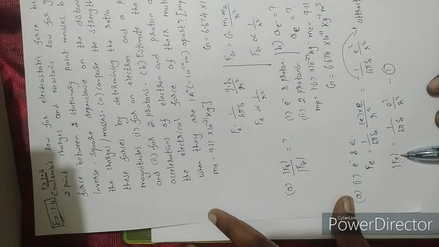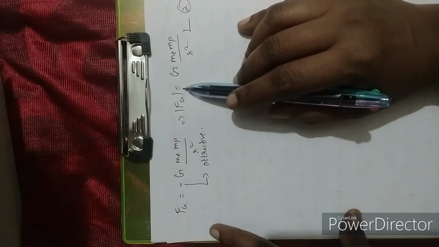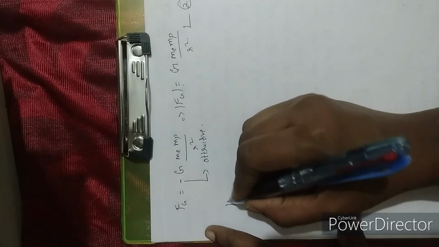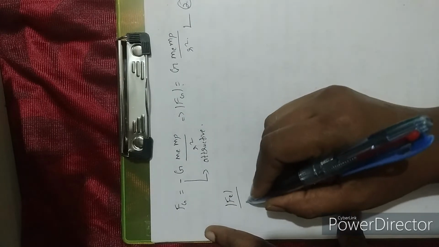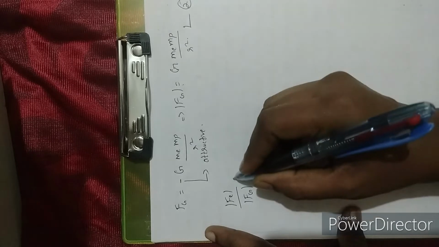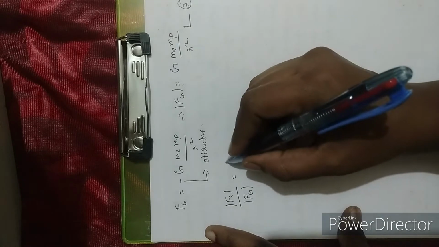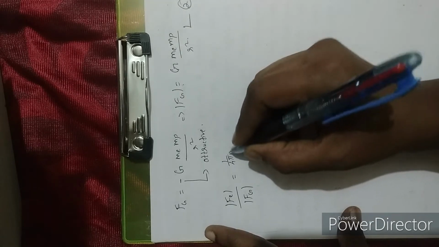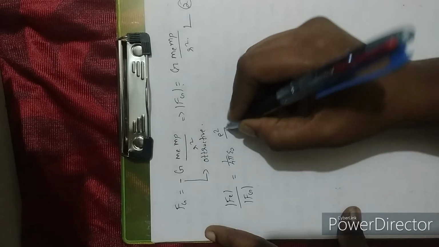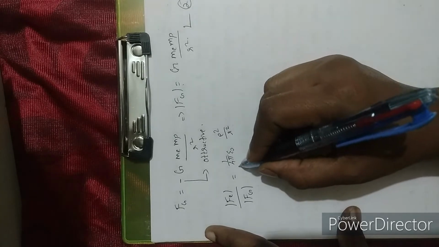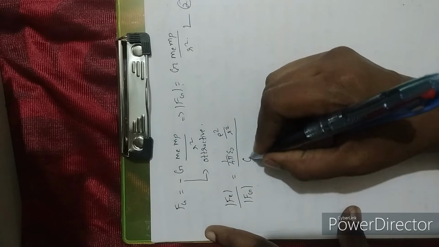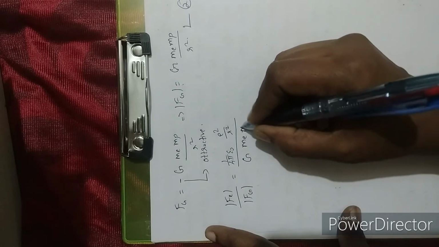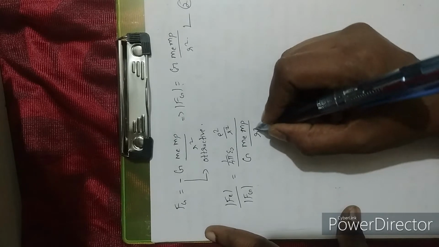So here is your Fe from the first equation, and here is your Fg from the second equation. So modulus of Fe divided by modulus of Fg will be equal to, what was your Fe? Hope you remember, 1 by 4 pi epsilon naught e square divided by r square. And Fg is G into Me Mp divided by r square.